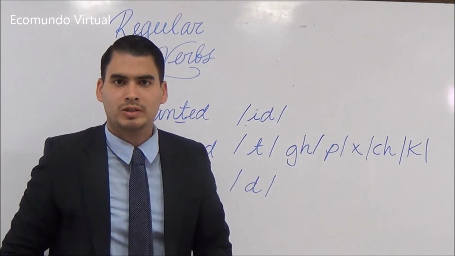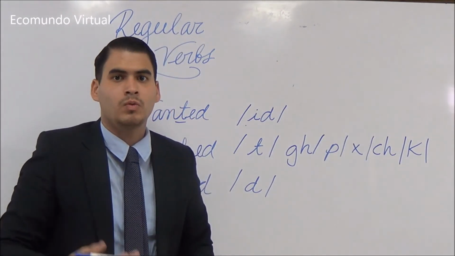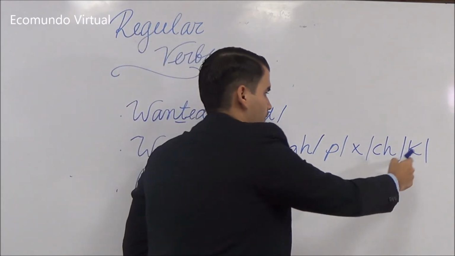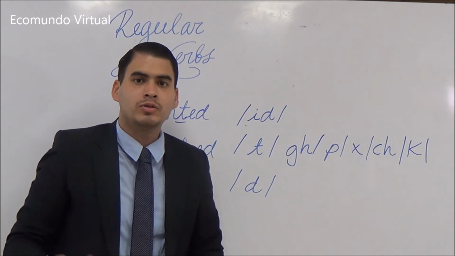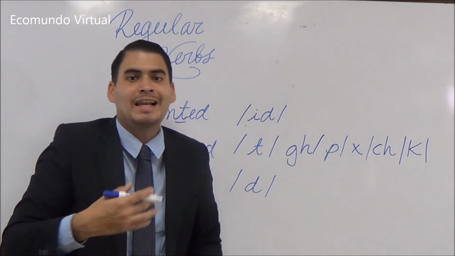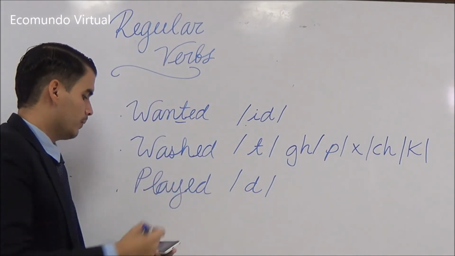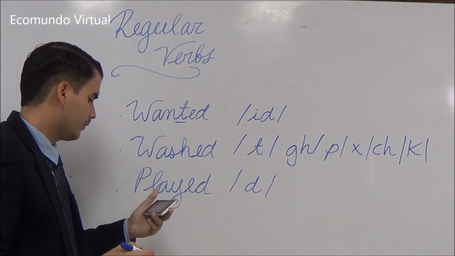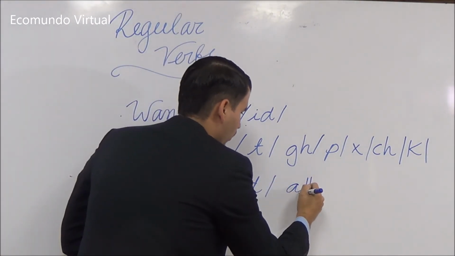I watched TV. I never said I watch it. No, I watched. For example, I liked my new TV. I never said I like it. I liked. And the final one is the pronunciation with the letter D. Here we have all the other sounds.